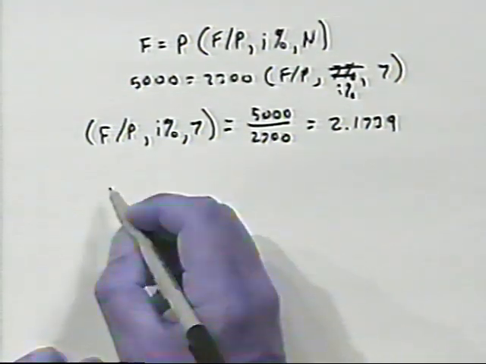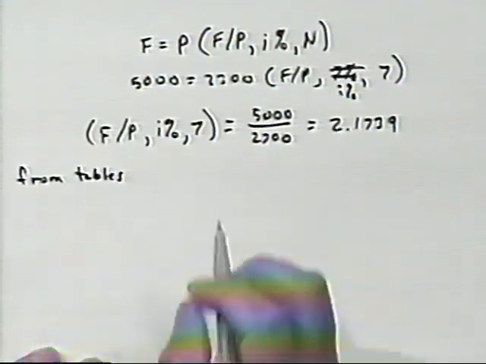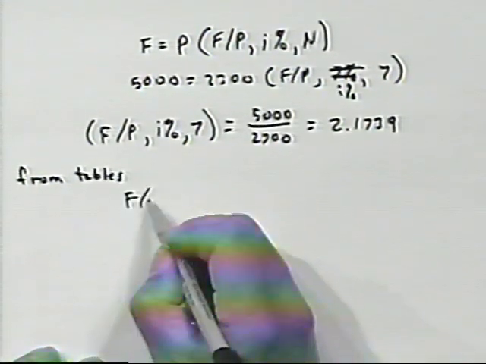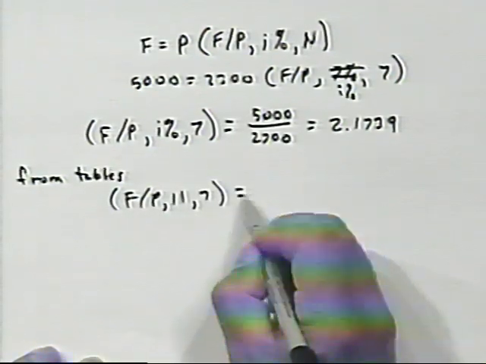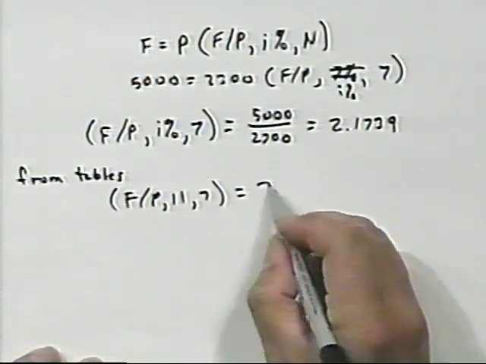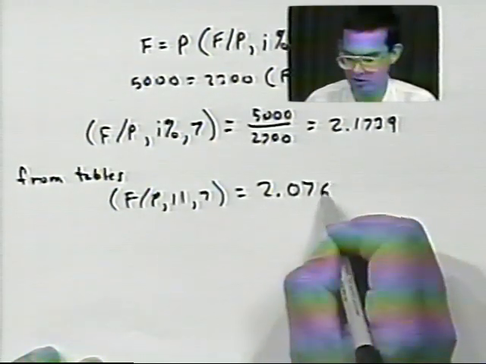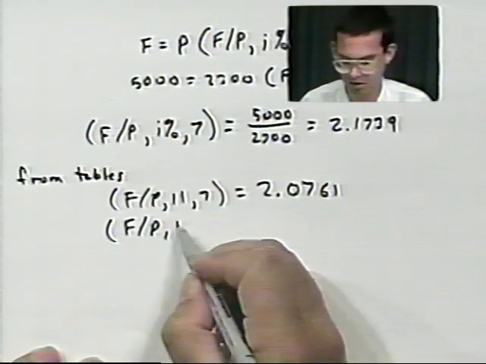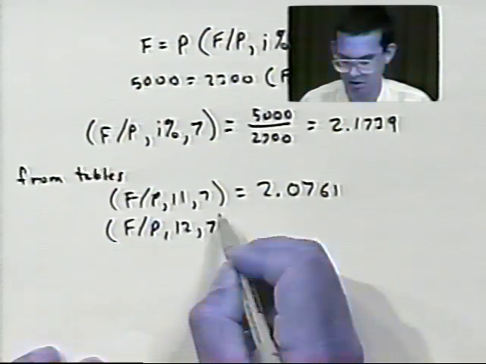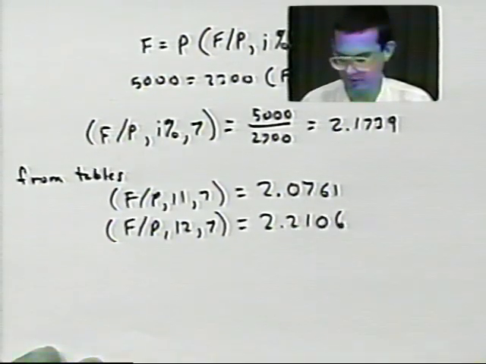I've looked in the book, and I find that for 11% interest, the factor gives a value of 2.0761, and for 12% interest, it gives 2.2106.